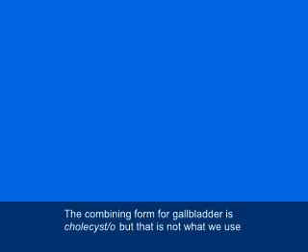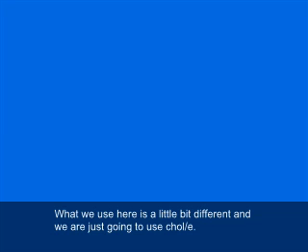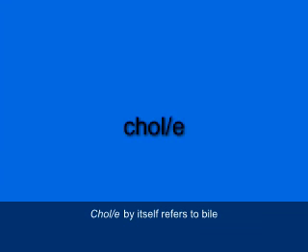The combining form for gallbladder is cholecysto. But that's not what we use with this because it's the gallbladder or the bile ducts. What we use here is a little bit different, and we're just going to use the chole, CHOLE. Chole by itself refers to bile.